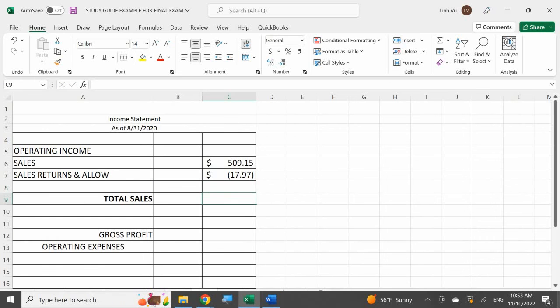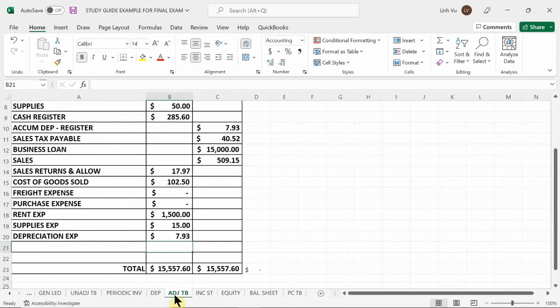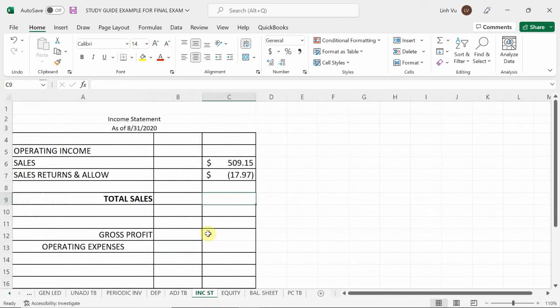Good. Now, that is all that I have for sales, right? Because everything else, let's take a look at my adjusted trial balance. I got sales, sales returns and allowances, and it goes straight into my expenses. So what is my total sales here then?